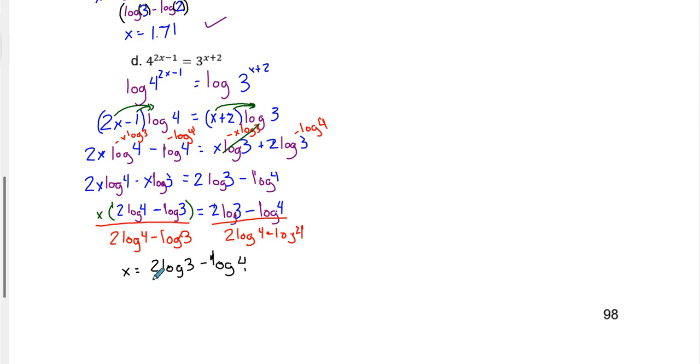Looks like I might have to do some calibration with my writing utensil. 2 log 4, subtract log. Oh, that's not even supposed to be a 3. Sorry, that's supposed to be a 3. Subtract.